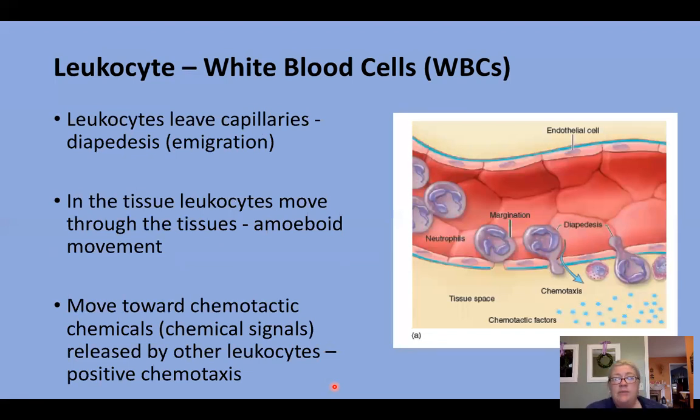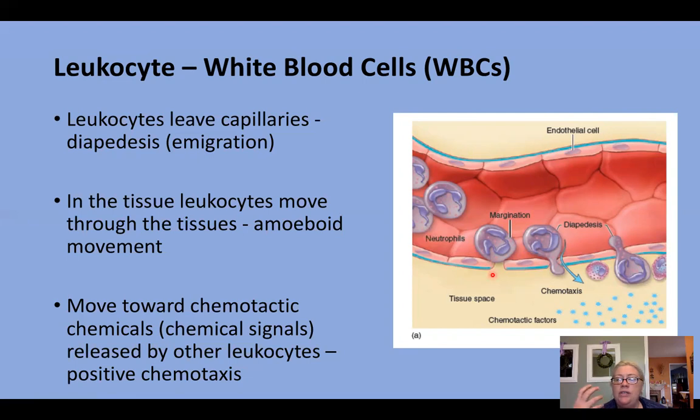A lot of the jobs that leukocytes do, they do because they are able to leave circulation. They're able to leave the capillaries. And they do so through a process called diapedesis. So here we have an illustration of that. We'll learn about these different pores and fenestrations and openings that we find in capillaries.